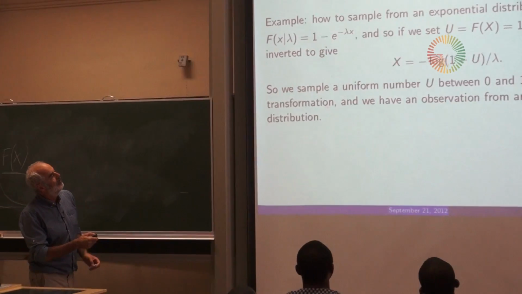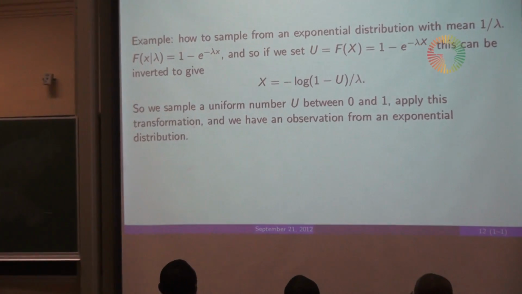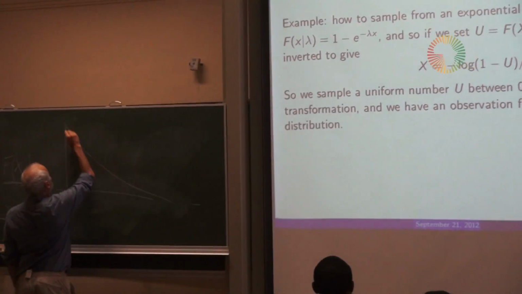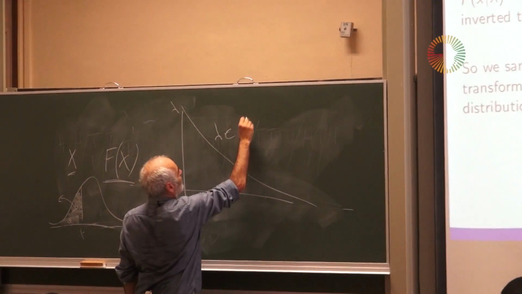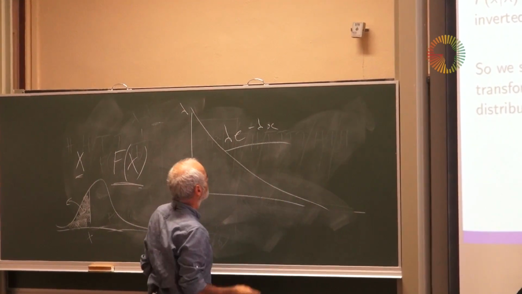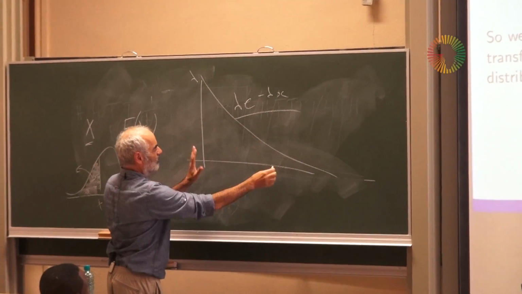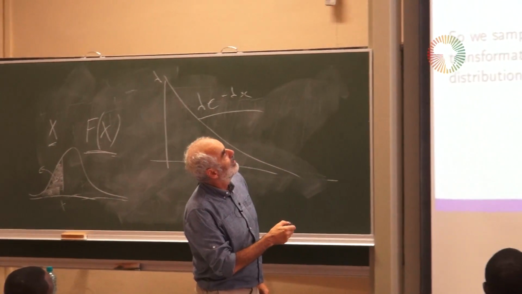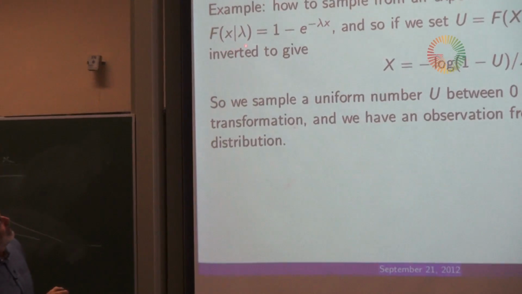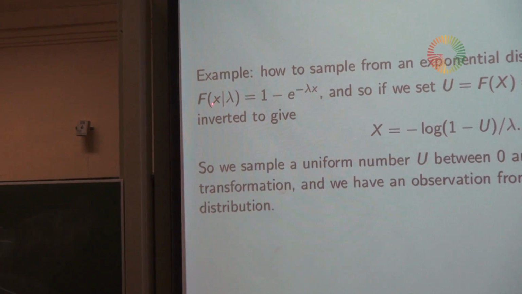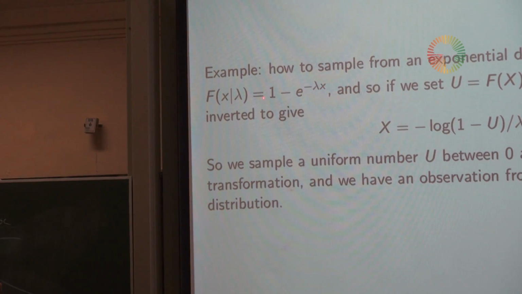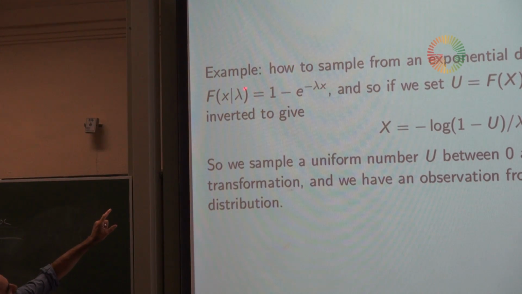Here's a lovely example. Let's suppose I want to sample from an exponential distribution. So I want an observation taken from this distribution. Well, I know that the distribution function is 1 minus e to the minus lambda x. If I invert that, I put the F over there.